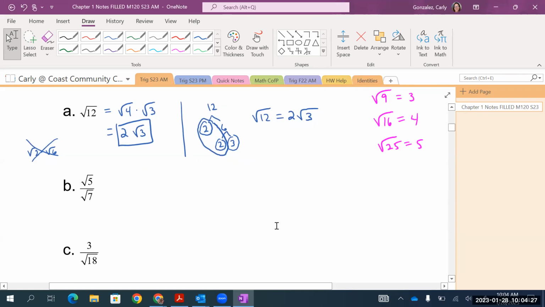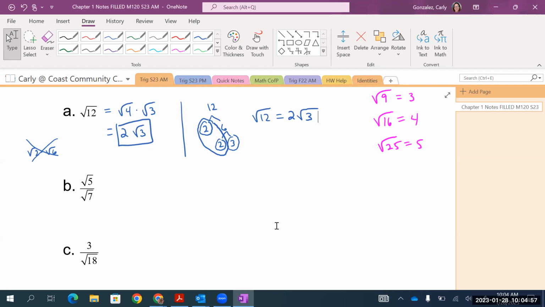Okay, for B, now we have the square root of 5 divided by the square root of 7. One of the agreed upon standards, it's not a steadfast rule, is we don't leave our answers with a square root in the denominator.